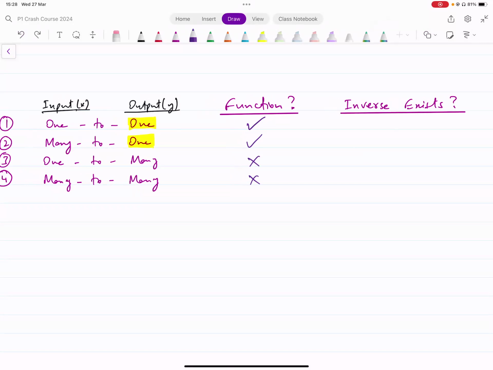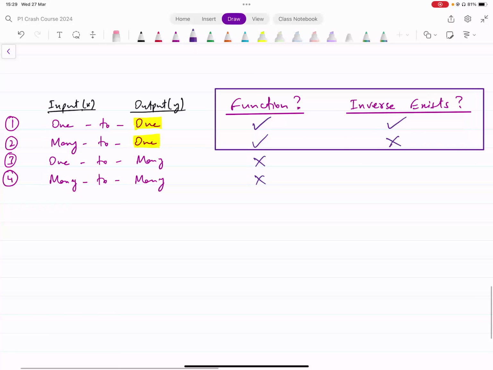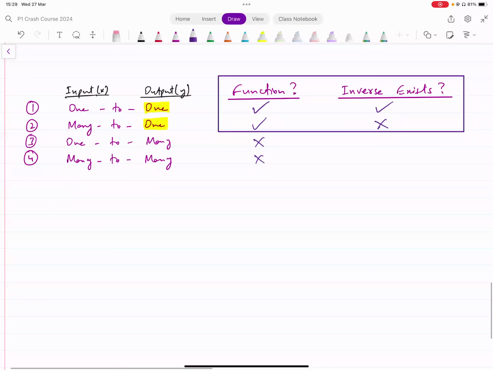So for a one-to-one function, the inverse exists. For a many-to-one function, the inverse does not exist. Since we're not even talking about the other 2, we will skip them. We're just talking about the first 2 types here, one-to-one and many-to-one.